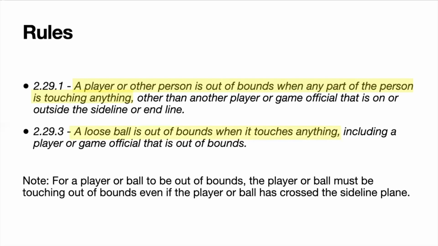For the player to be out of bounds, they have to be touching out of bounds. And for the loose ball to be out of bounds, it can be touching out of bounds, or touching a player who is out of bounds. What matters for the loose ball is whether it is touching a player that is out of bounds.